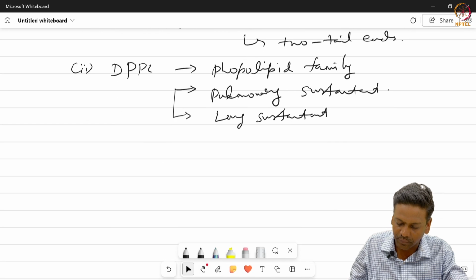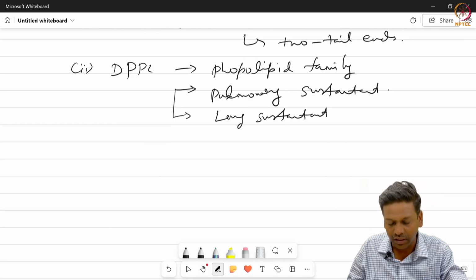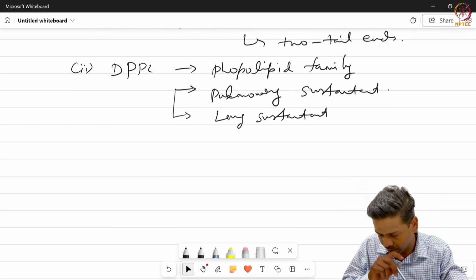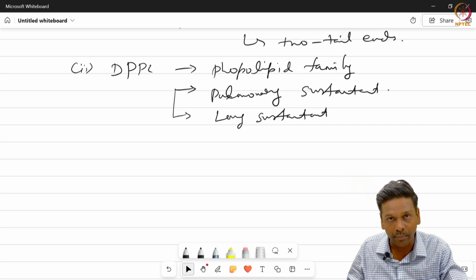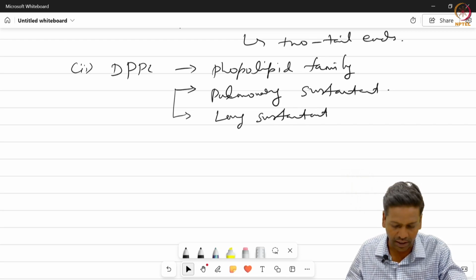Why? Because this DPPC type surfactant is basically a main constituent of the pulmonary tract, so this is naturally formed.